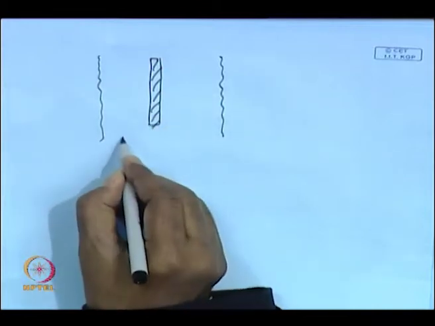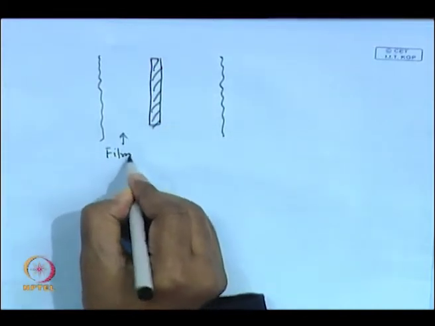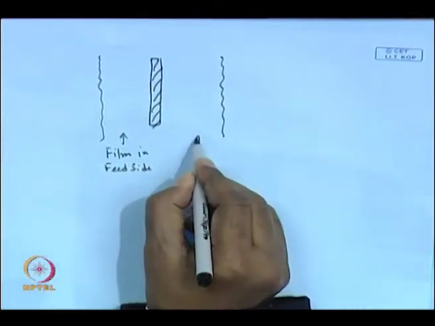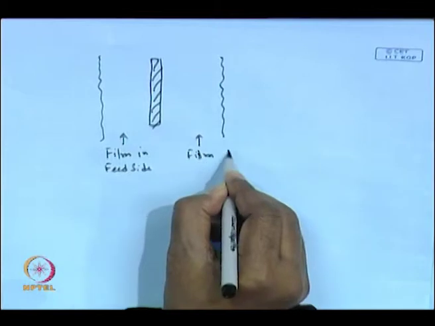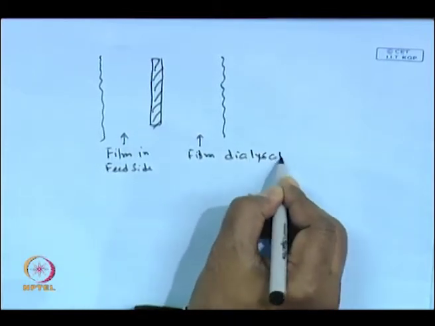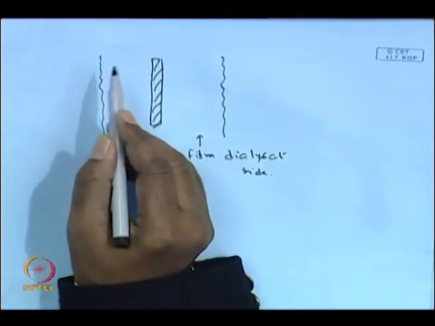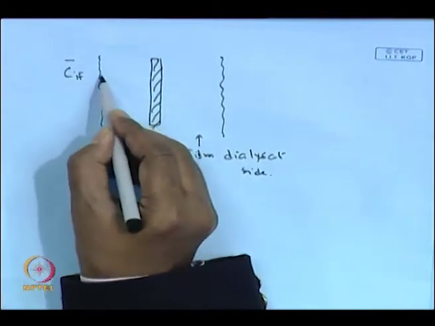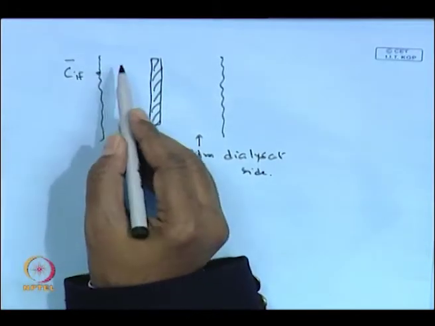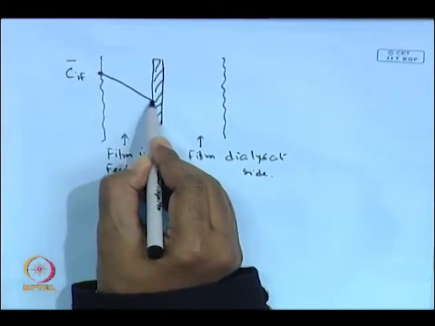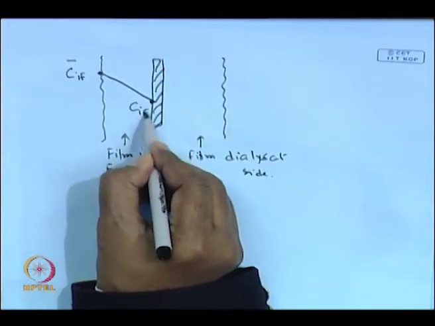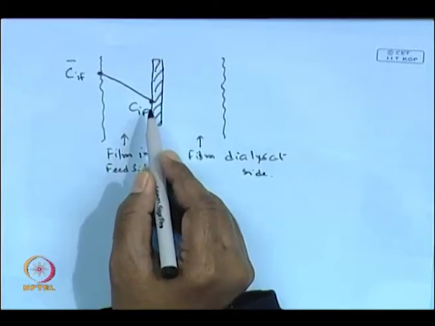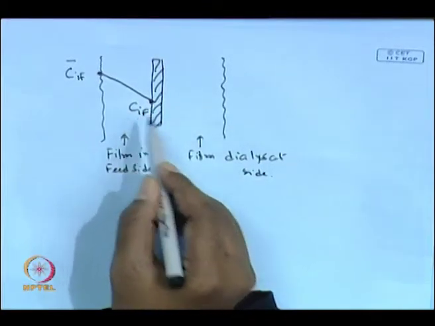This is the film in the feed side, and this is the film in the dialysate side. So, CIF bar, with a bar, indicates the bulk concentration in the feed side, and CIF is the concentration of the solute at the membrane surface on the feed side.